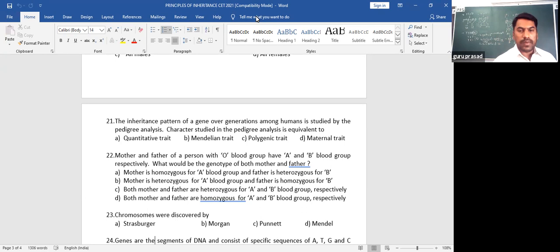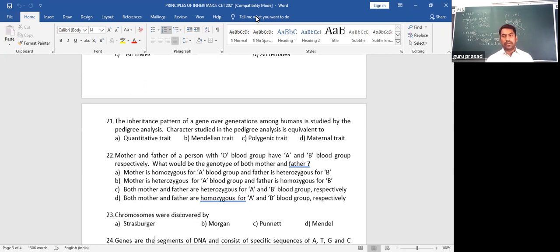The mother and father of a person with O blood group have A and B blood group respectively. What would be the genotype of both mother and father? Now here, a person having blood group O, but their parents have A and B blood group.